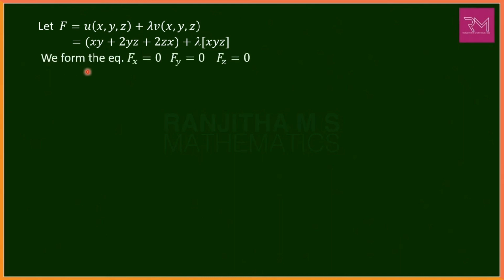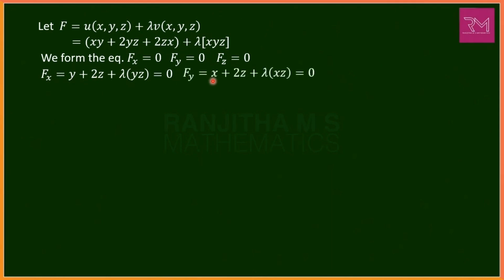We get this. Here fx, the differentiation of f partially with respect to x, is: the differentiation of xy is y, plus this value becomes 0, plus differentiation of 2zx is 2z, plus lambda into differentiation of xyz with respect to x partially, which means y into z, which is equal to 0. That is fx is equal to 0.